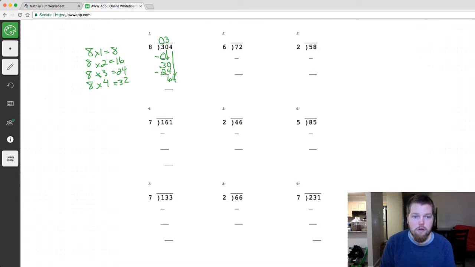And can 8 go into 64? Again, knowing your times tables is going to be really important for making long division easy for you. If you always need to go and look at a table or count all the way from 8 up to whatever number this is, that's going to take you quite a long time.